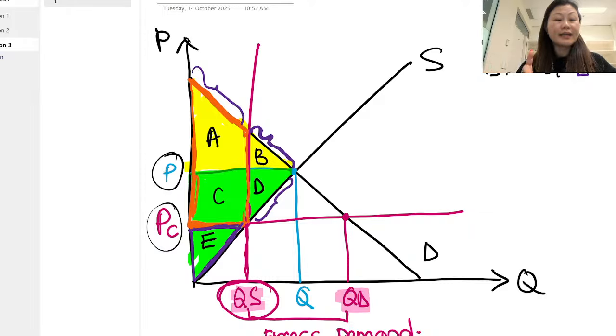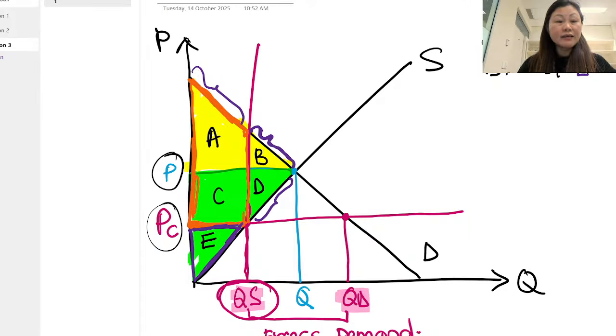Those consumers initially were getting sector A as the consumer surplus. The line below sector E, on the supply line, suppliers that are willing or able to rent out the apartments. The question that we're going to ask is what happens to their surplus?